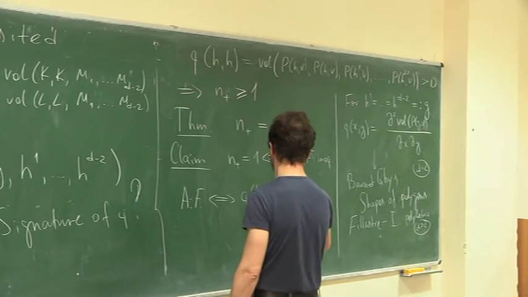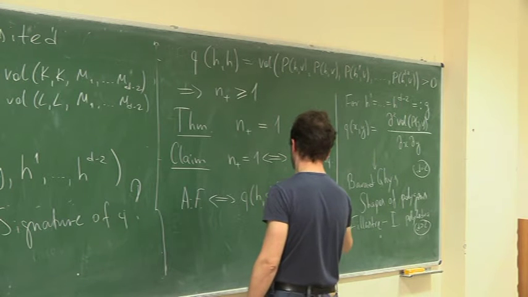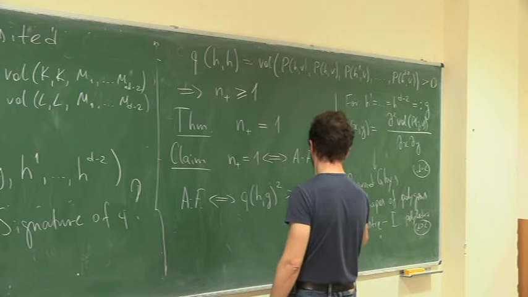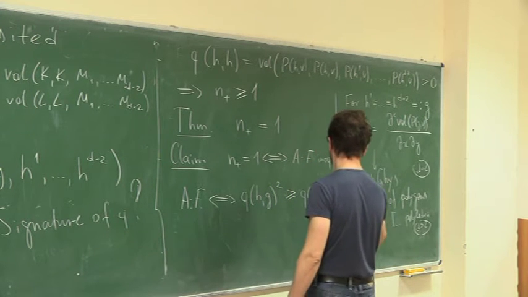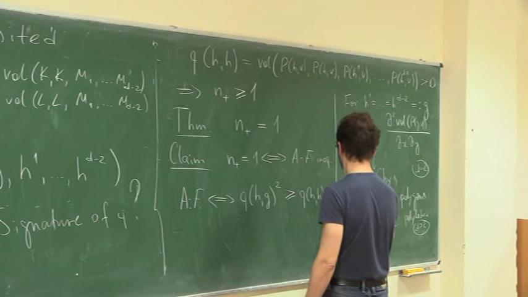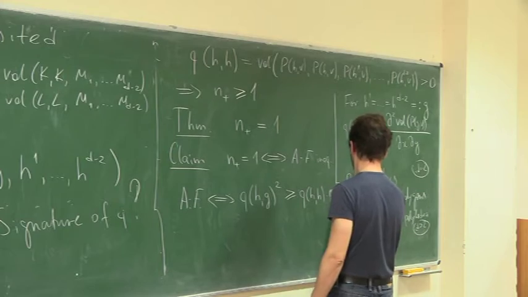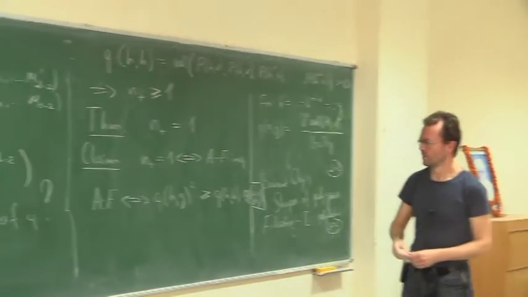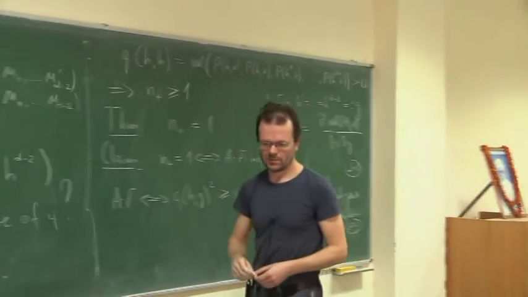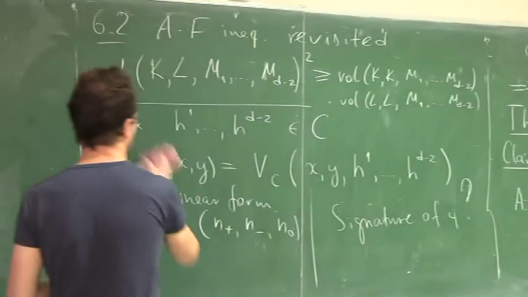So Q of hg squared is bigger or equal than Q of hh times Q of gg. This is just rewriting the inequality in our new notation.